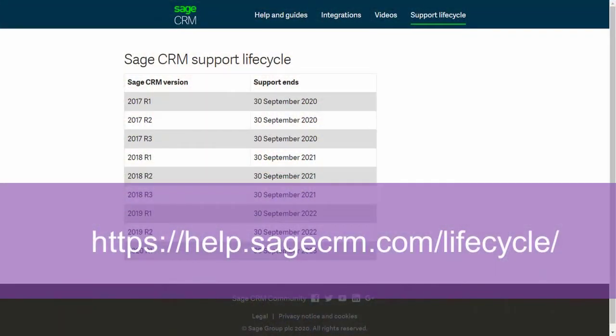Sorry, I thought you were talking about TLS. You mentioned that 2017 is not going to be patched around the TLS side. That's coming to the end of life, isn't it? Not end of life, end of support at the end of September. Yes, you're absolutely correct. So end of support for Sage CRM 2017 versions, that's R1, R2, and R3. Yes.